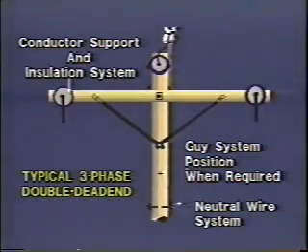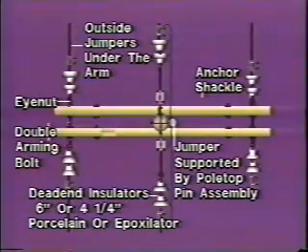Three-phase double dead ends can follow a multiplicity of options. A frequently used construction would be this cross-arm construction. Various sizes of dead-end insulators could be used. The center phase would be dead-ended on the pole with pole-top pin and pin-type insulator mounted to the side of the pole for supporting the jumper.